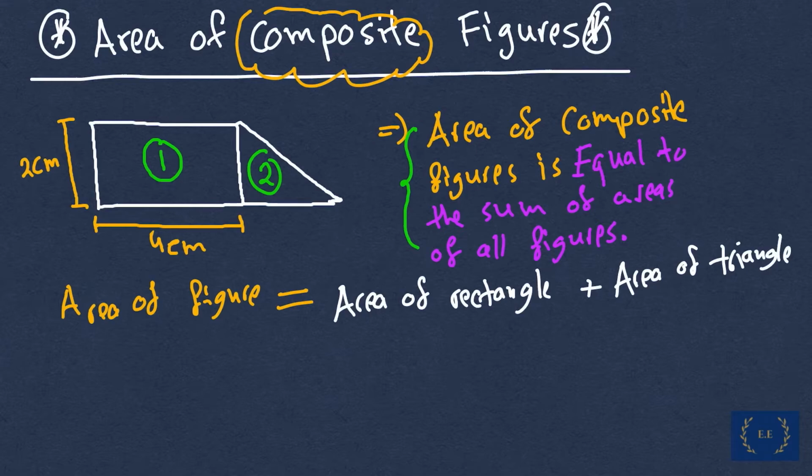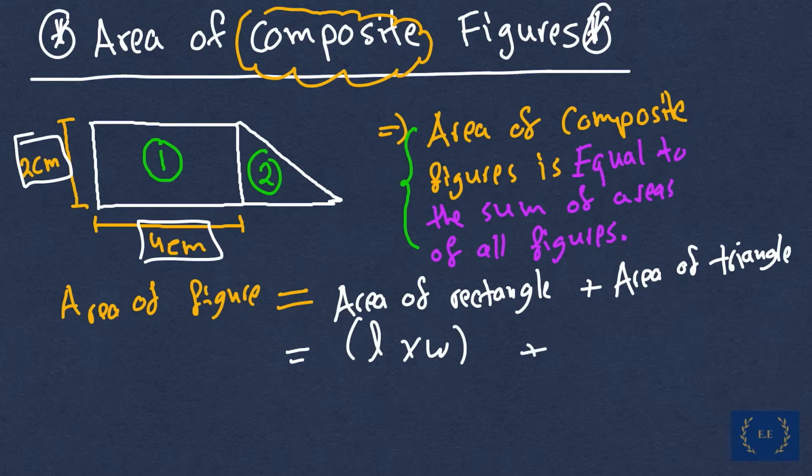So the area of the rectangle equals to the length multiplied by the width, L multiplied by W. And the area of the triangle equals to half multiplied by the base of the triangle multiplied by the height of the triangle.